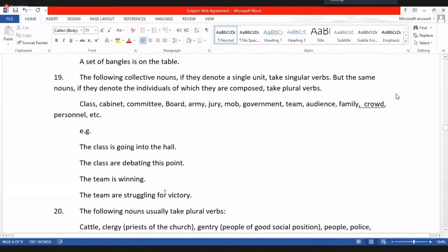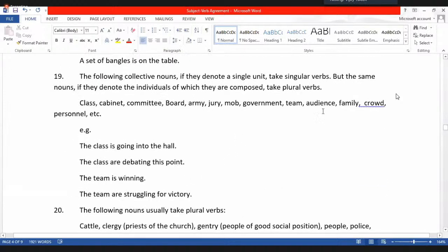Okay. Then number 19, all these are collective nouns. If these collective nouns denote a single unit, then we use a singular verb. And if these collective nouns indicate the individuals of which they are made, then we use a plural verb. It will be clear from the examples.